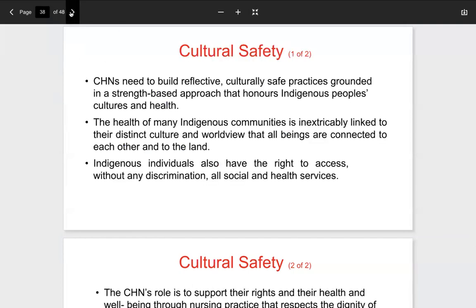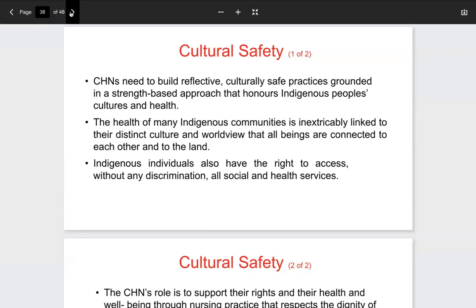In terms of cultural safety, as community health nurses, we do need to practice reflexivity. There are a lot of culturally safe Indigenous training programs that have been developed in collaboration with, and even by, Indigenous leaders and researchers to help us truly understand the unique needs of the Indigenous community and how we can better work with them as healthcare professionals.